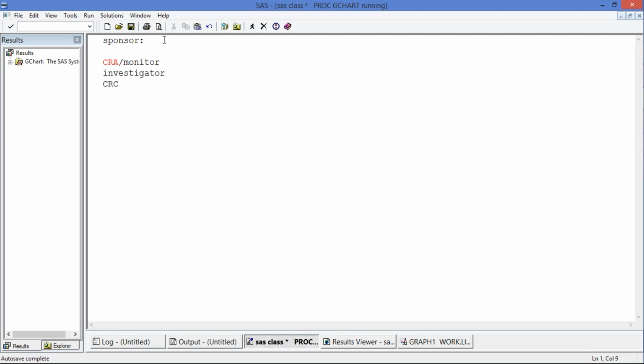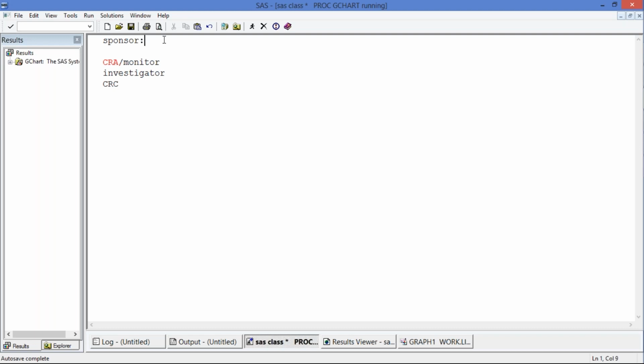They have to know how the study is being conducted, whether it is as per the regulations. To check that, they will not directly go and visit the site and check. They will appoint a CRA.